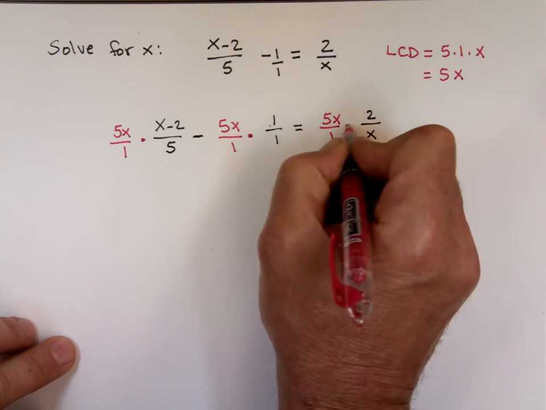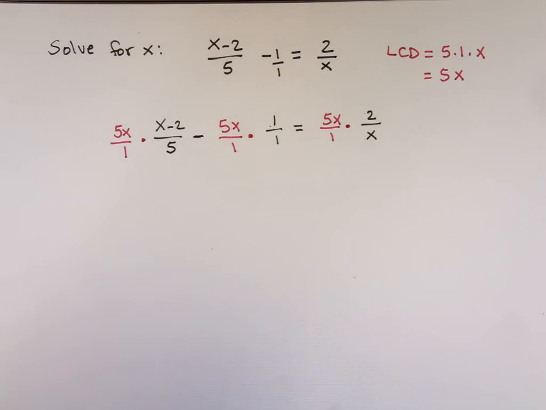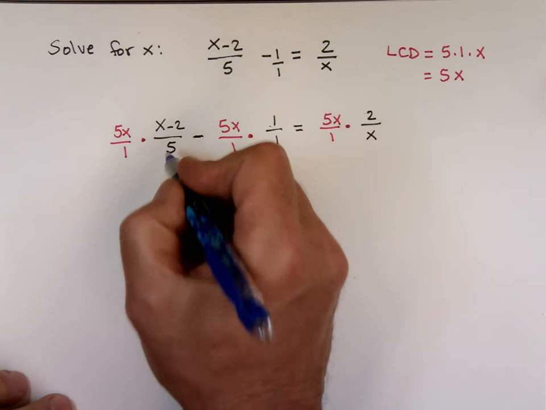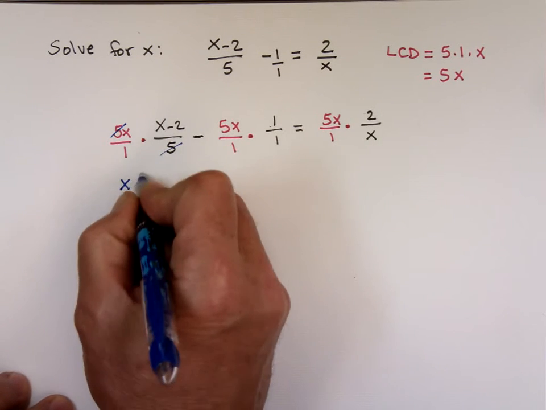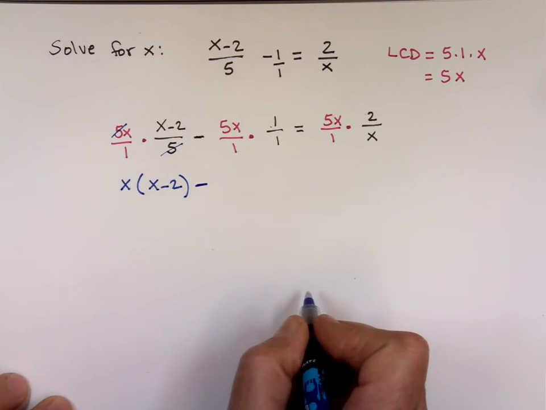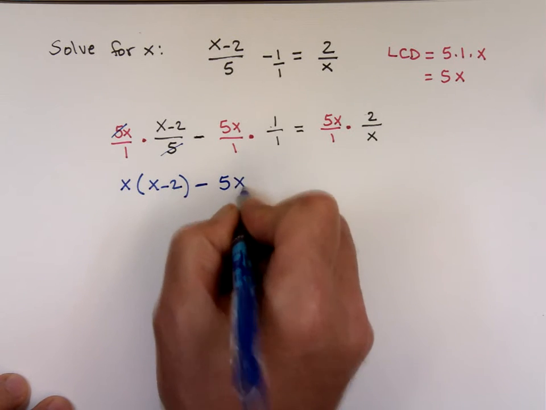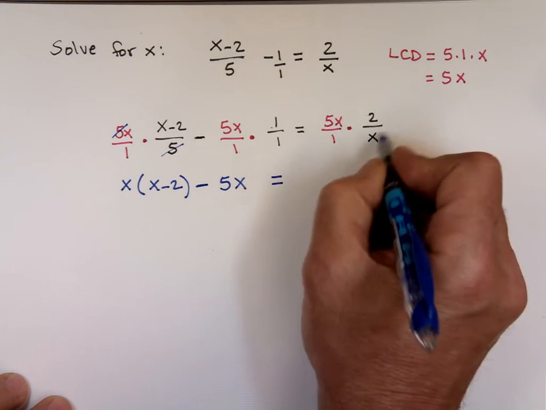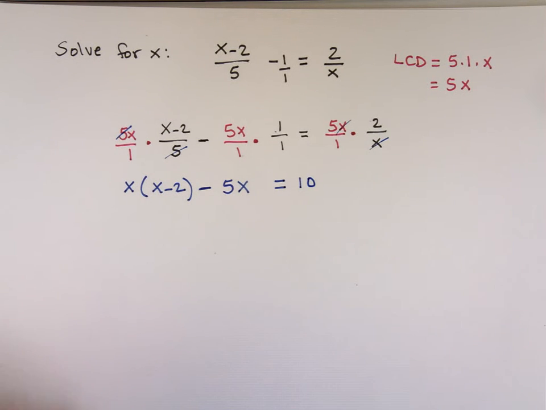Again, if you multiply by the LCD, once you finish this step, you should have no more fractions. The 5 cancels the 5. What's left here? x times x minus 2, with the minus sign. What's 5x times 1? 5x. This x cancels that x. 5 times 2, which is 10. Notice there's no more fractions.